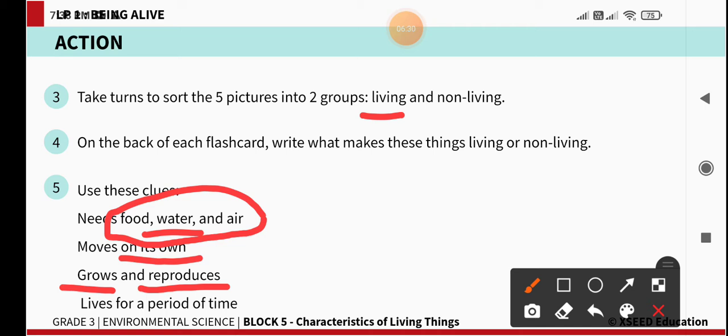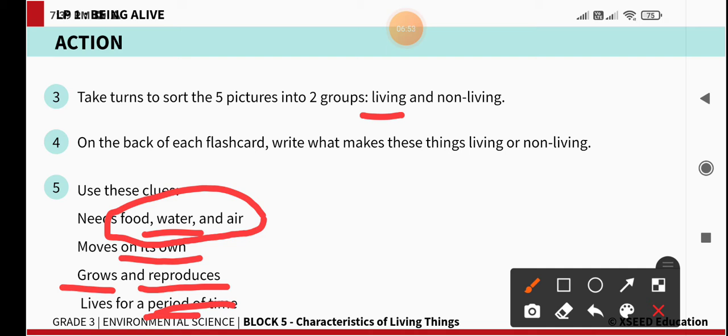So all living things can reproduce, and they have a particular lifespan. Lifespan means a particular period of time they will live, and then they die. So lifespan is also one of the characters of living things.